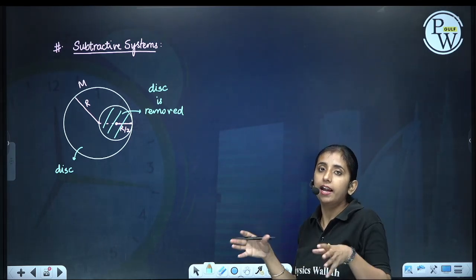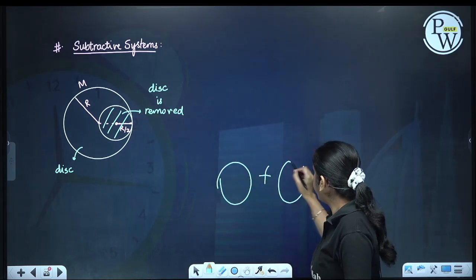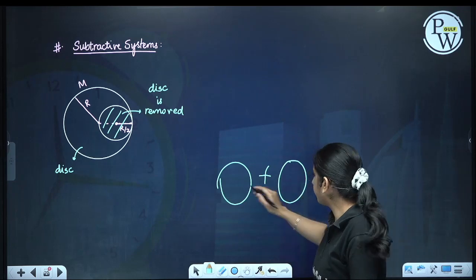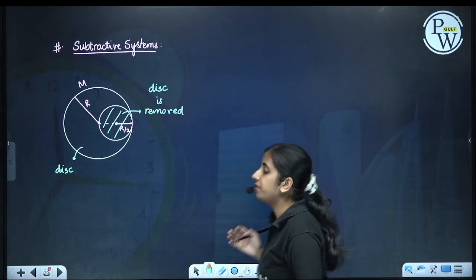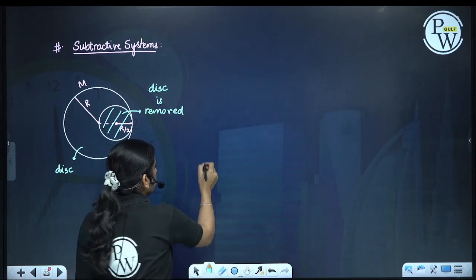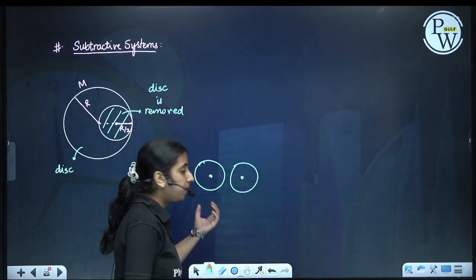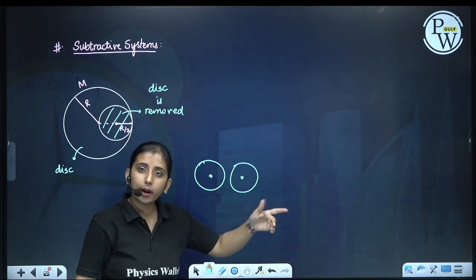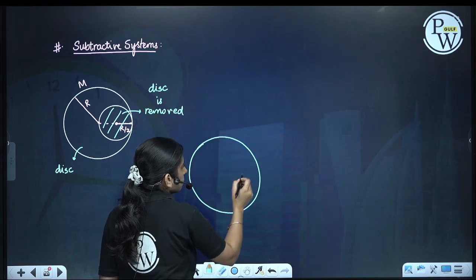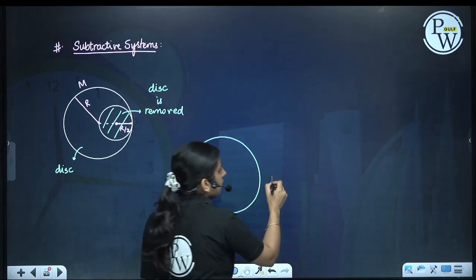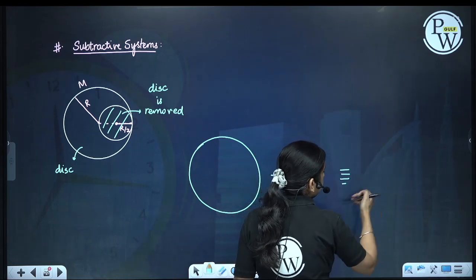In additive systems we had two bodies, and we calculated their respective centers of mass. Two rings are present, calculate their respective centers of mass and apply the formula m1 x1 plus m2 x2. Now if we have a complete disk and we remove some portion from it, we will get this.